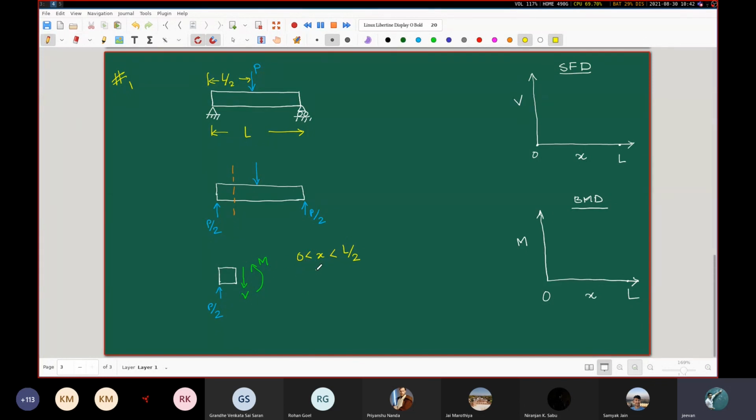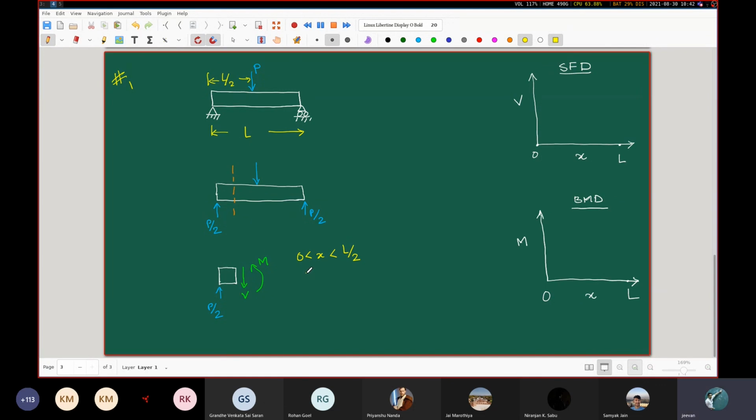So, very theoretically speaking, there is a slight problem of continuity there. So we will stay within 0 and L by 2 without going to the equality sign. Now here you tell me what is the force balance. Tell me what is the force balance here.